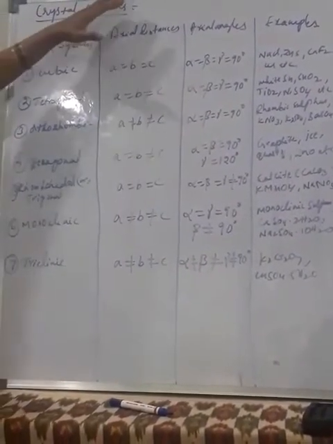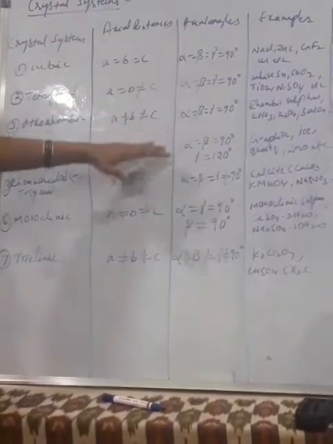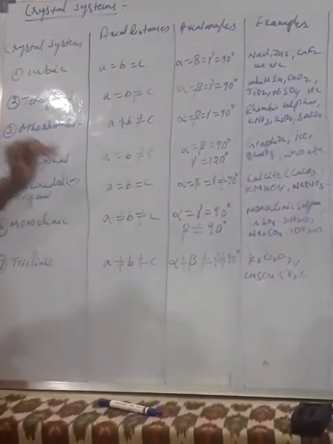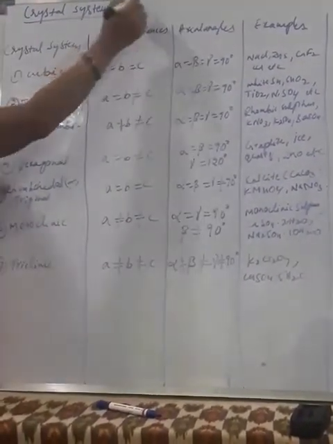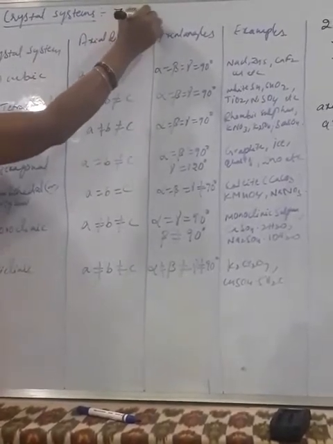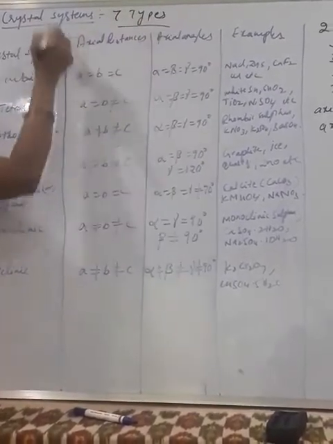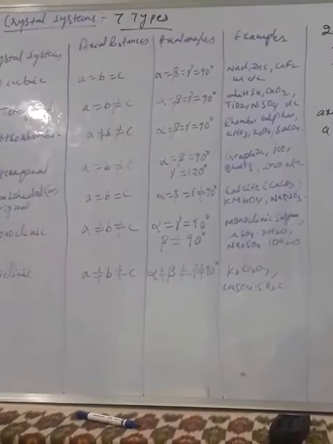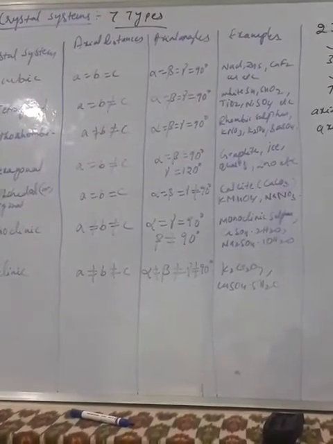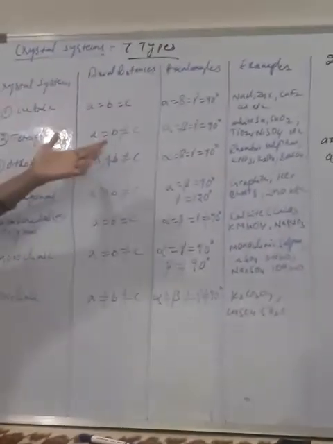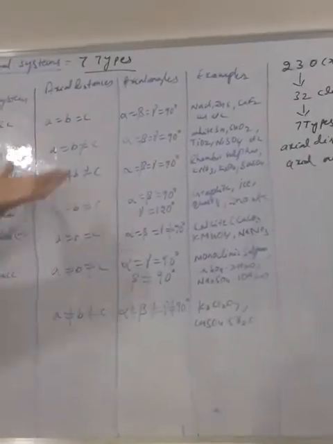So this is the 7 type crystal system. Further, these 7 types exist in 14 different types.